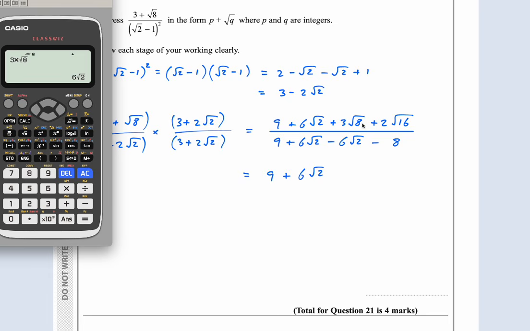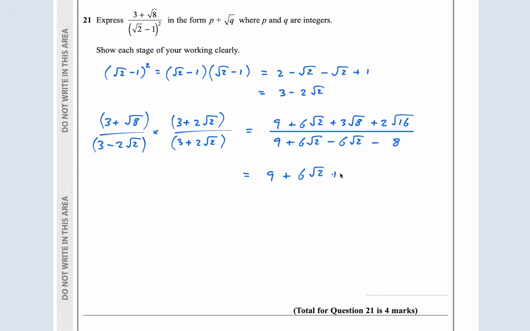That's because root 8 is root 4 times root 2. Root 4 is 2. 2 times 3 is 6. There you go. So this is actually equal to 6 root 2. This is equal to 2 times 4, which is 8. And the denominator, very nicely, because these cancel, which we were expecting, is just 1. 9 minus 8 is 1.